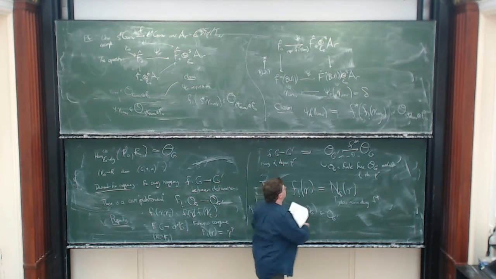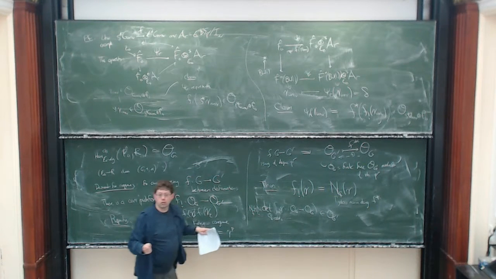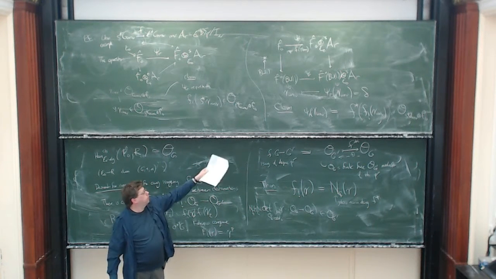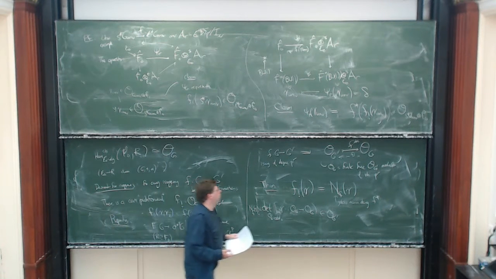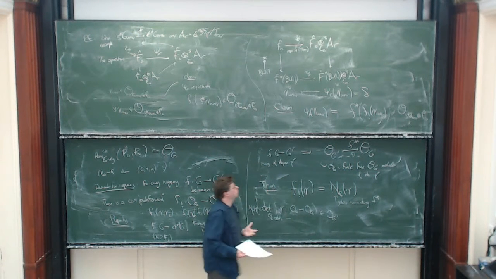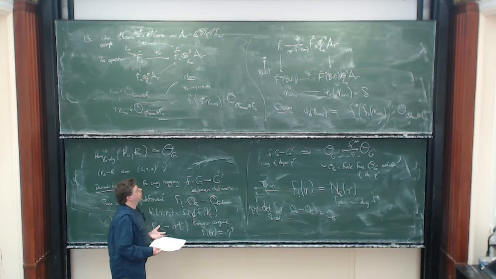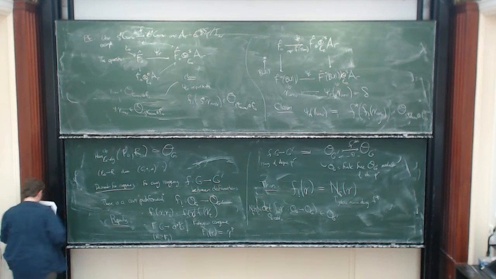Because remember, it's still up here, F upper star, the restriction on functions is injective. So this thing's only computing the restriction of F lower shriek, of the thing I want to compute. But it's an injection, so I'll know its image in the ring of functions on the source, and that will give our calculation. So let me prove this claim, and then I'll do the calculation of what it is.